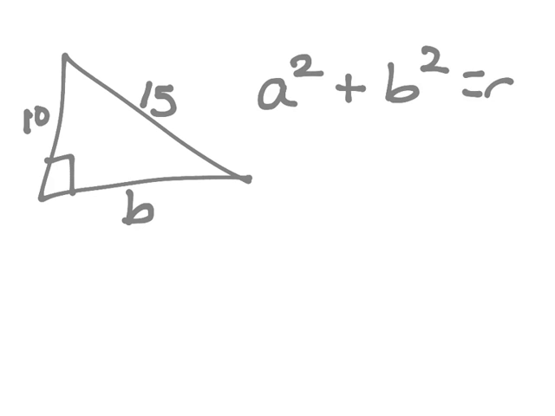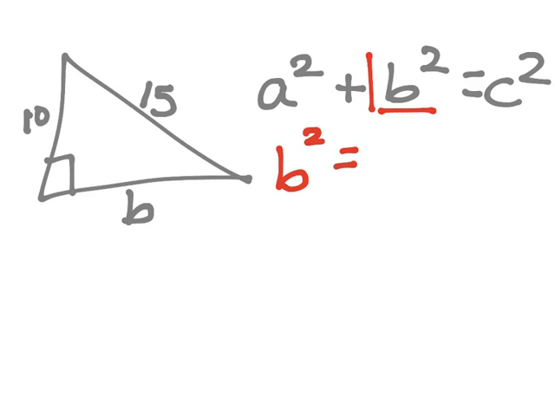And it would be the same if we knew what A was and we were solving for B. Again, just rearrange the Pythagorean theorem. We want to solve for B, so this needs to be alone on one side of the equal sign.